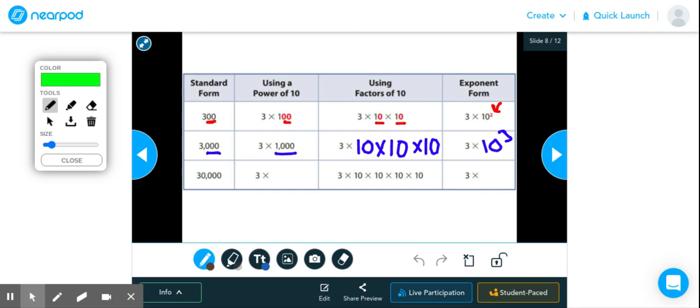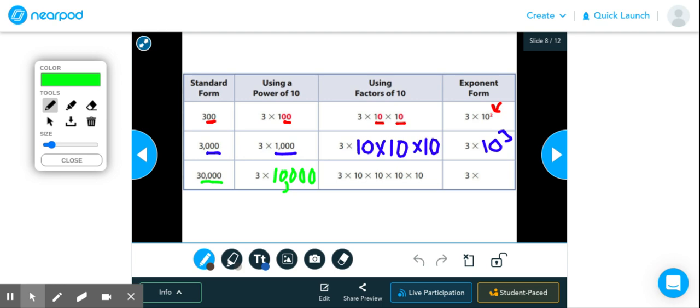So I have 30,000, and 30,000 is made up of 1, 2, 3, 4 zeros. So then in this next part, that means I'm going to need to multiply it by a multiple of 10 that has 4 zeros. 1, 2, 3, 4. This is like saying 3 times 10,000.